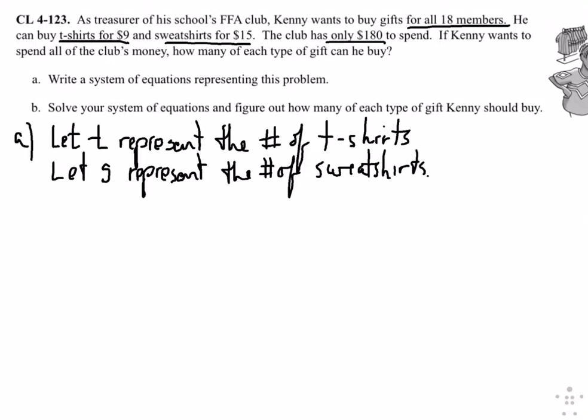Okay, so now the first one, T plus S, has to equal 18 because they need to buy it for everybody. And then $9 times how many t-shirts plus $15 times how many sweatshirts has to equal $180, right? So there's our two equations.